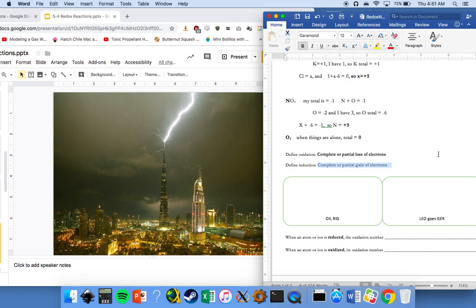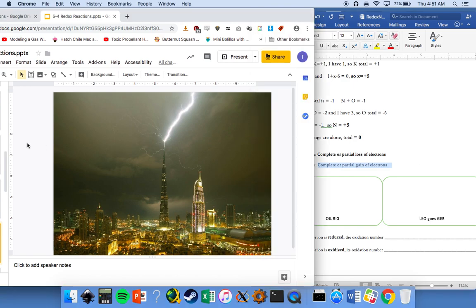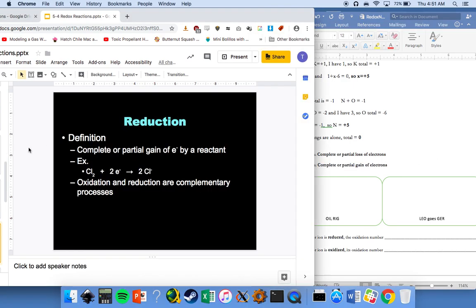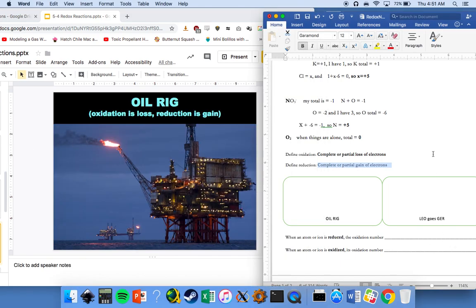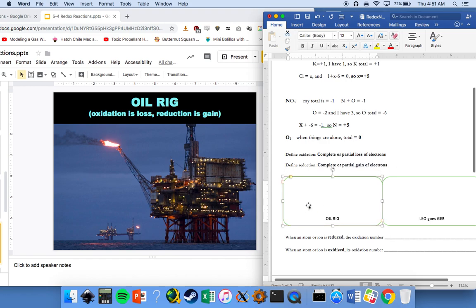A lot of students struggle with remembering which one's loss and which one's gain. The two ways that I've worked on to know these are two little mnemonics. Personally, I use OIL RIG. Oxidation is loss, reduction is gain. For me, that works.